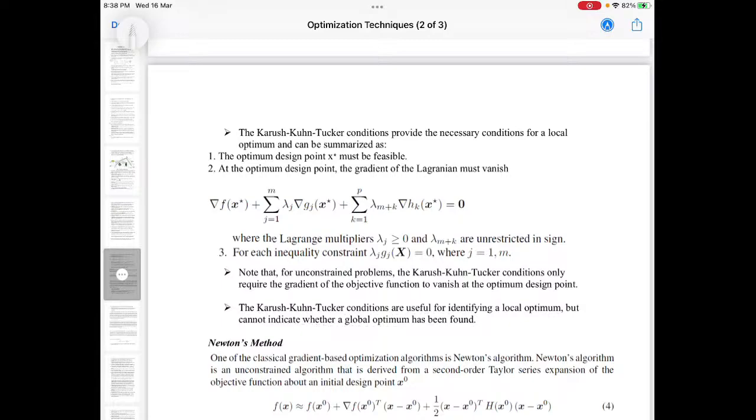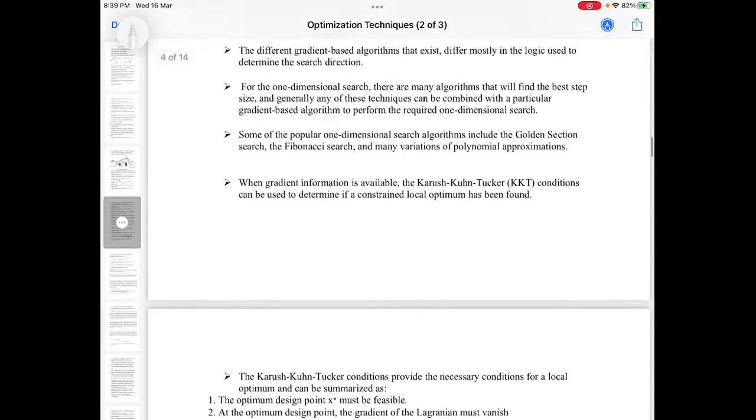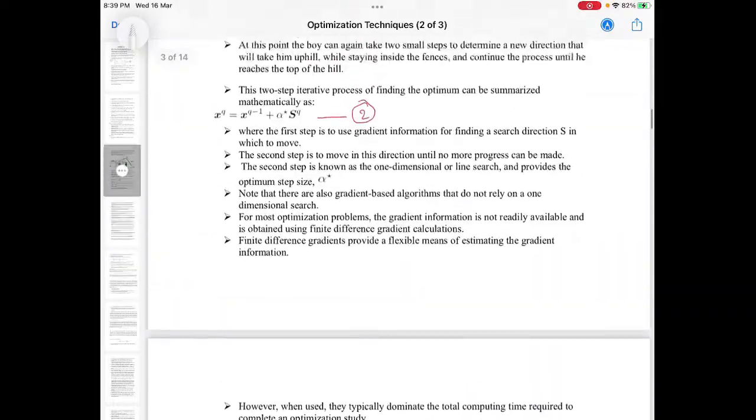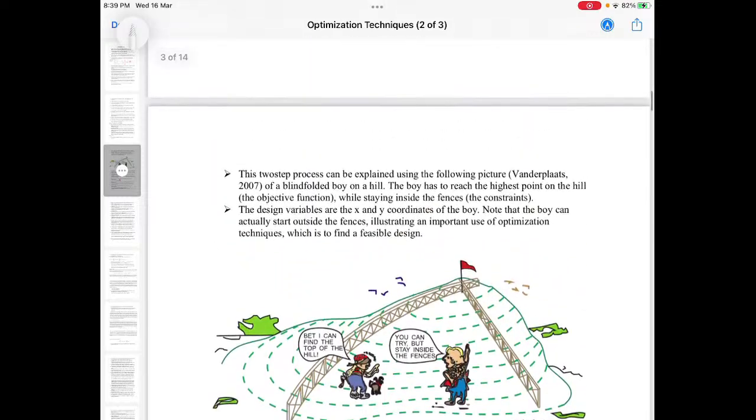There are several problems that can be satisfactorily solved using a local optimum method, but other problems cannot be fully solved using local algorithms and can be solved only using global algorithms.